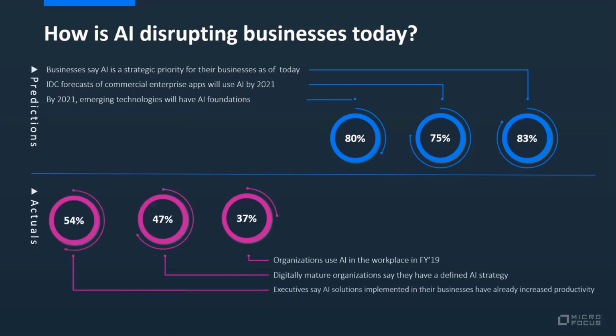And the number which amazes us all is that more than 50% of executives say that AI solutions implemented in their businesses have already increased productivity and efficiency across their entire workplace.